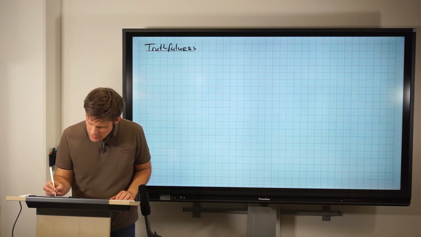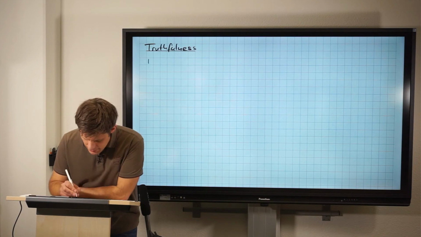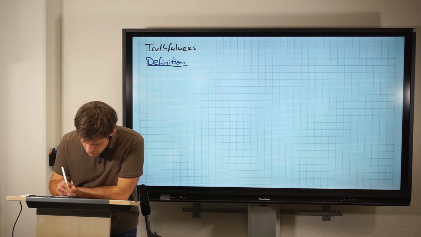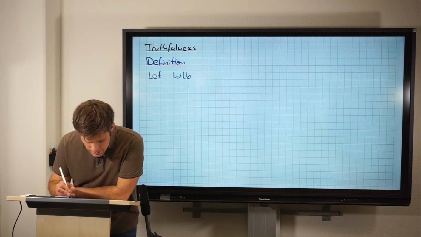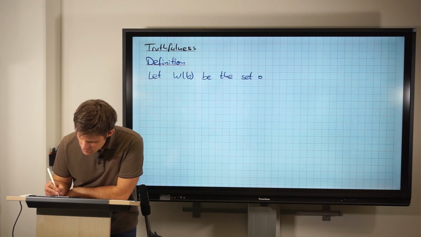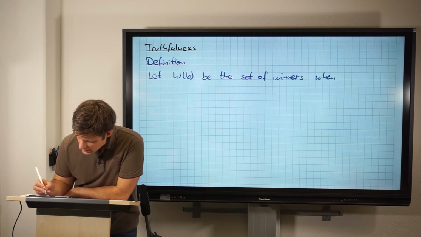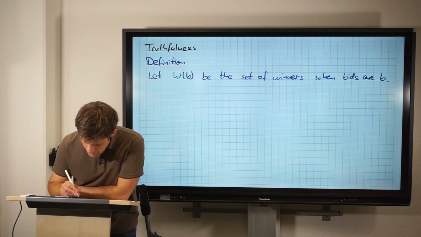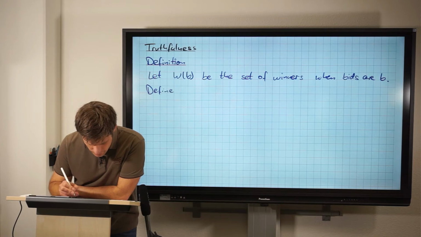The first thing I'd like to define is the following. Let W of B be the set of winners when bids are B. And now we'll define tau i of B minus i as the following.